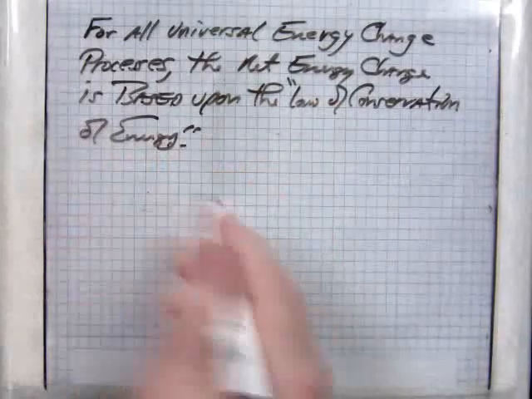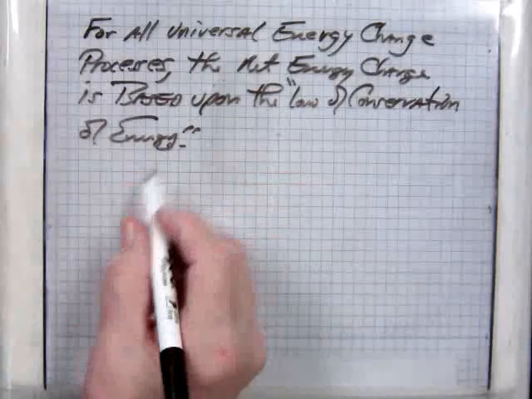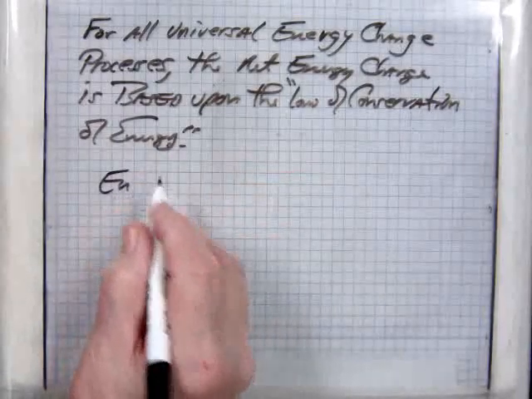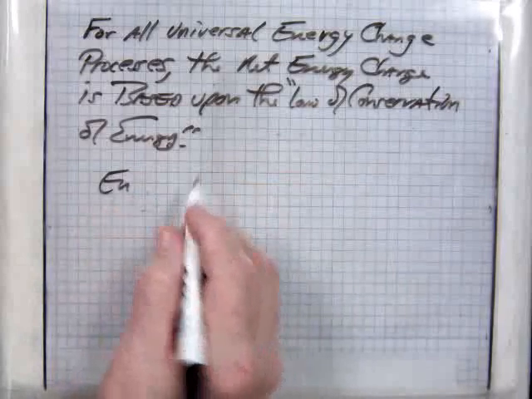Which you probably are well aware of at this point in your scientific studies. Energy cannot be created nor destroyed. It can be changed in form, but not created or destroyed.